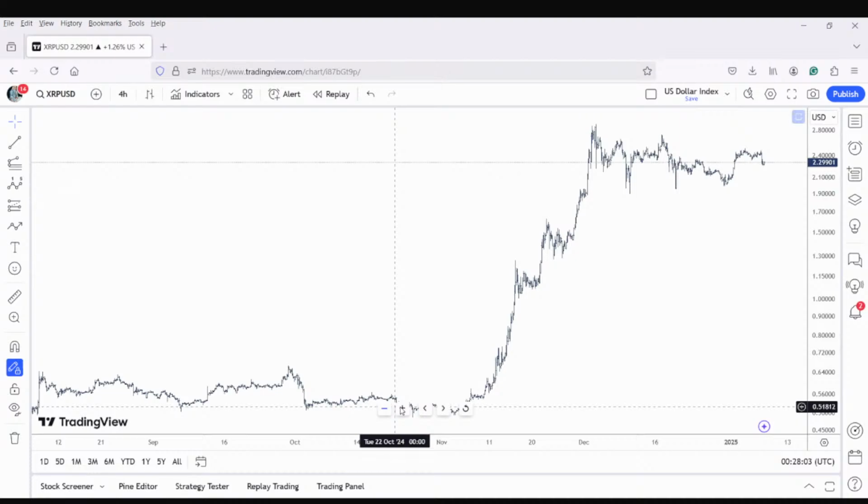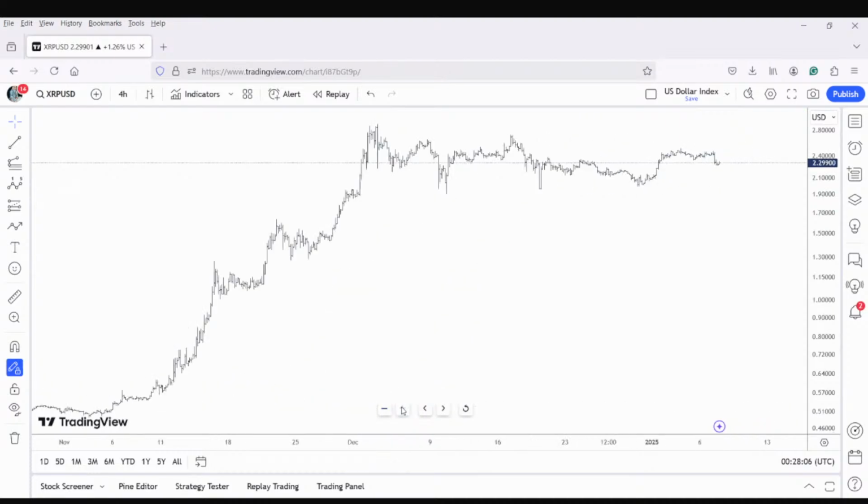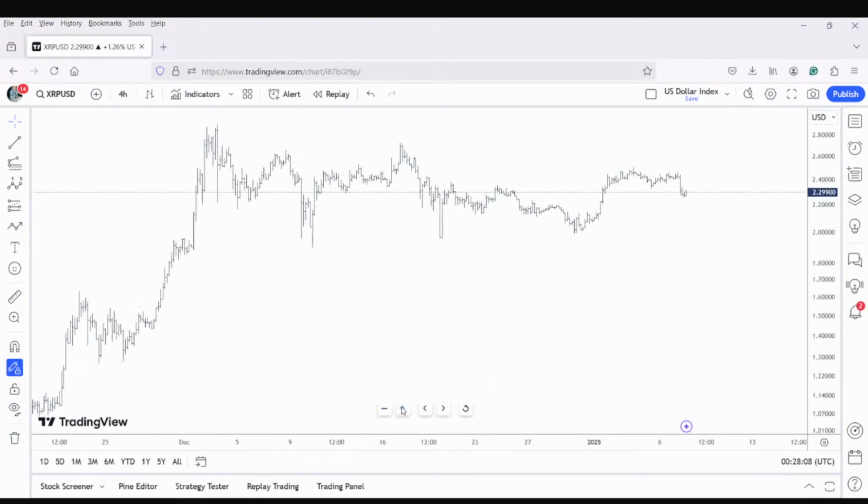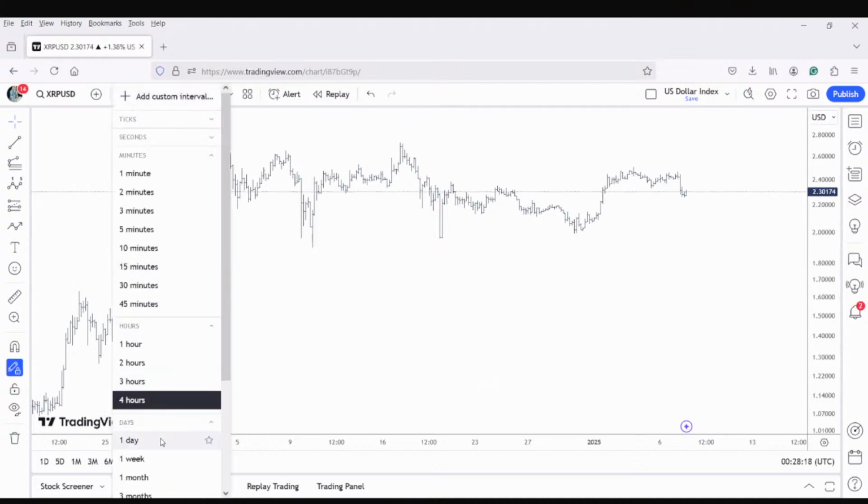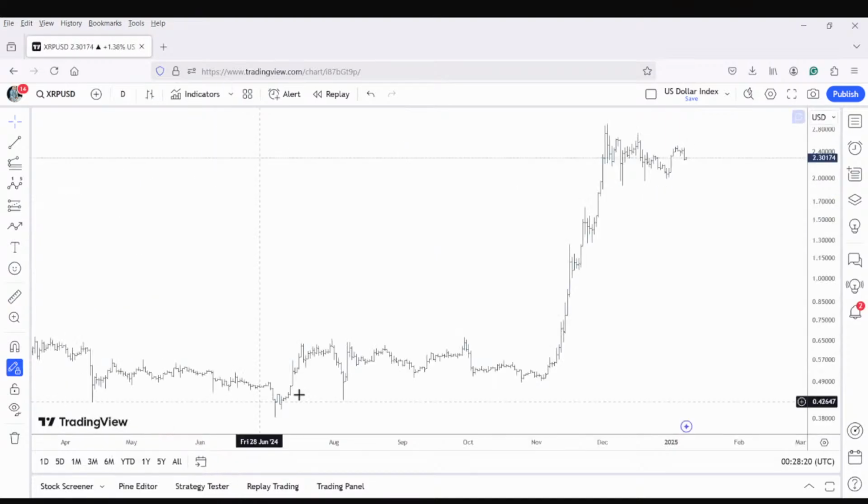So Ripple, just a moment, I need to show the daily chart. So here's the path for Ripple.